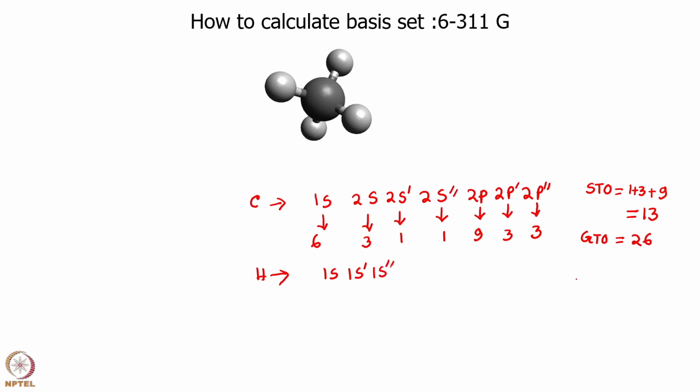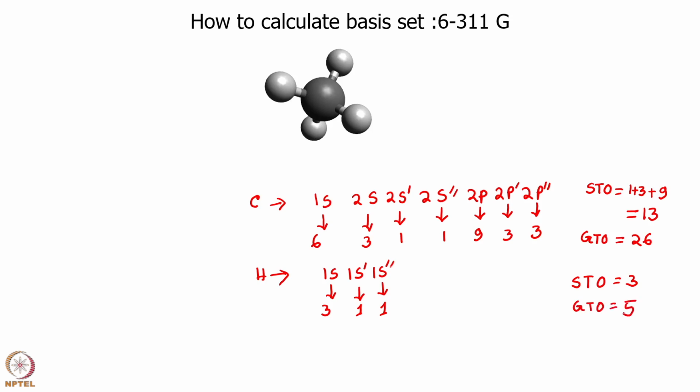So, STO is 3, and now look at the GTOs. This is 3, this is 1, this is 1. So, now the total GTOs number is 5.